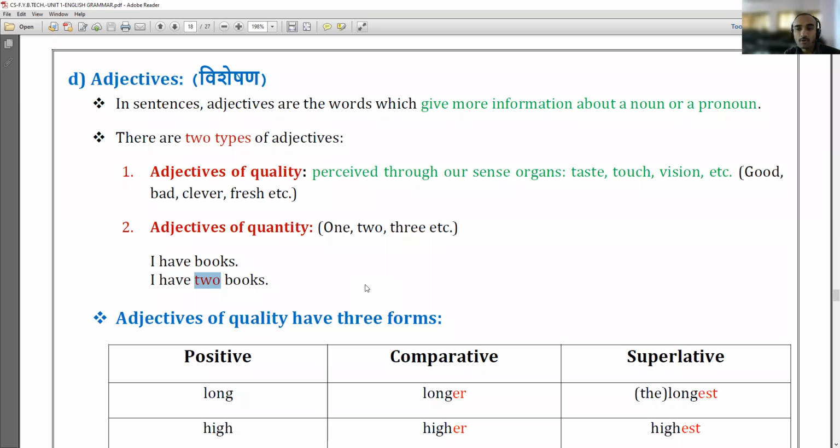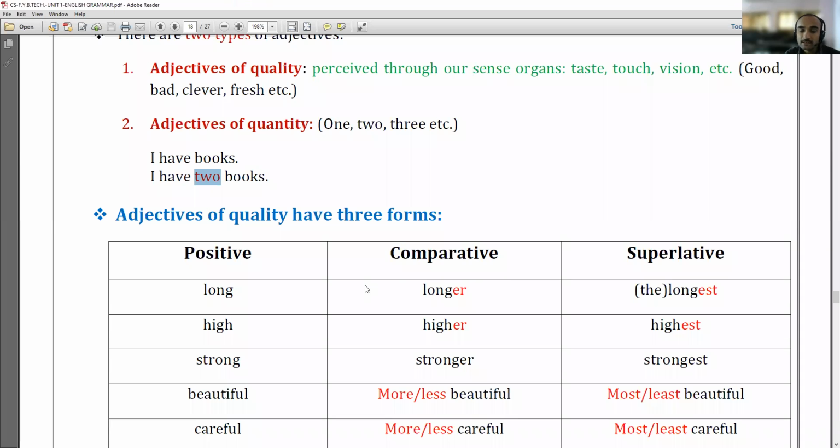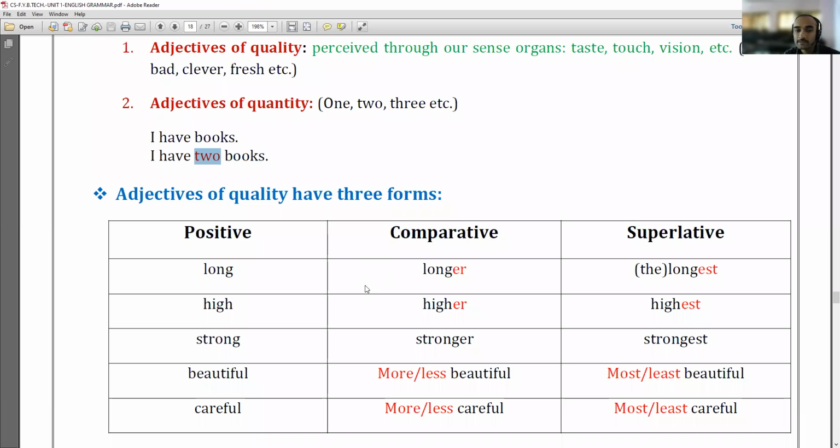Adjectives of quality have 3 forms. ऍडजेक्टिव्ह ऑफ क्वालिटीचे 3 फॉर्म आहेत, पॉझिटिव्ह फॉर्म, कंपॅरेटिव्ह फॉर्म अँड सुपरलेटिव्ह फॉर्म. ओके, ऍडजेक्टिव्ह ऑफ क्वालिटी हॅव 3 फॉर्म्स.